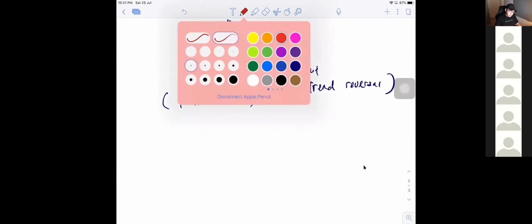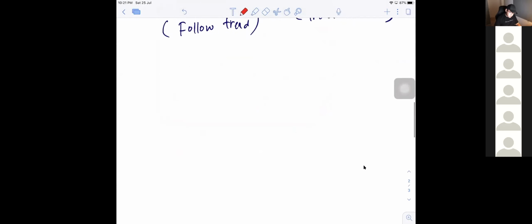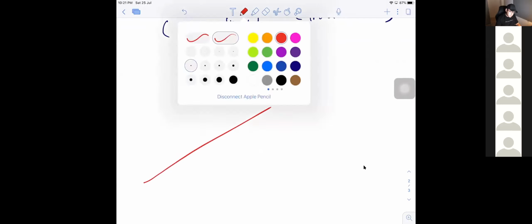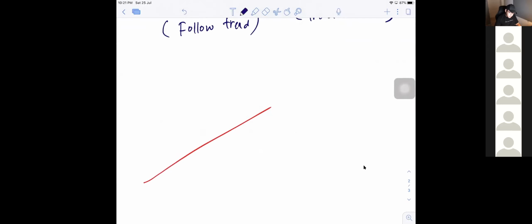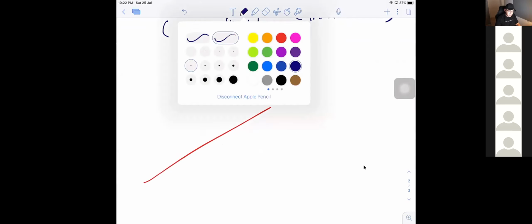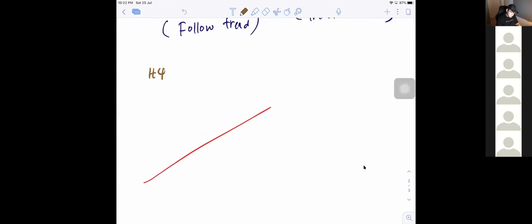Okay, let's say we are having a trend line here. So whenever market, okay, assume that this is a H4 trend line. Whenever we have the first touch, second touch, we know that this trend line is valid.